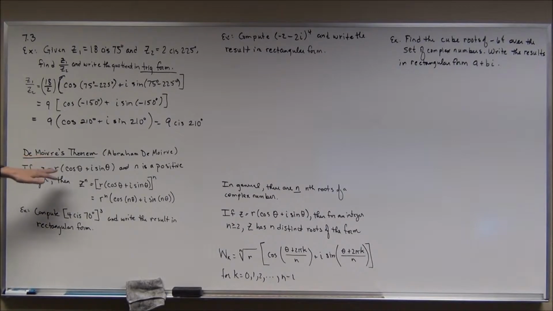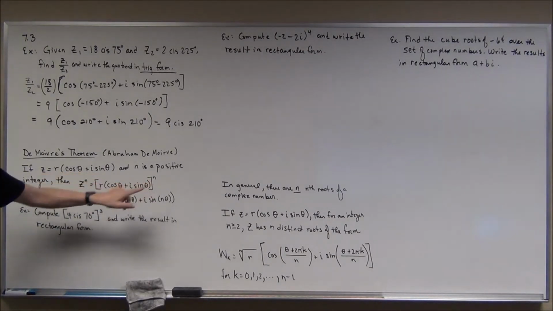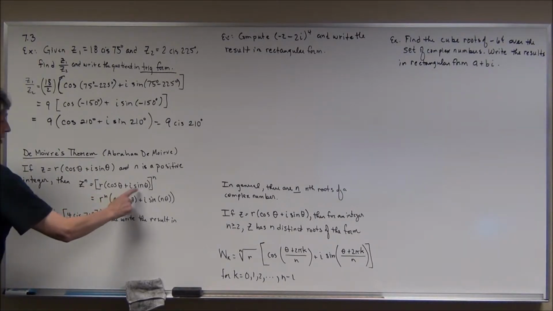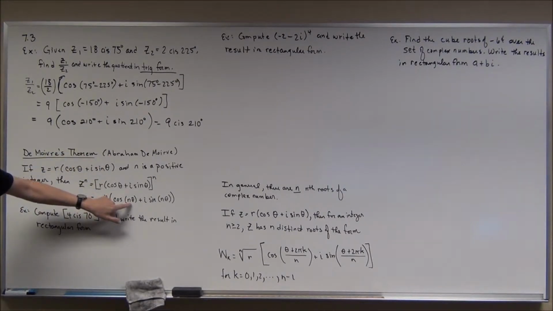He came up with De Moivre's theorem, which says if z is equal to r times the quantity cosine theta plus i sine theta, in polar form, it must be in polar form to use this, and n is a positive integer, then z to the n can be found by taking the modulus, raising it to the nth power, and taking the argument and multiplying by n. Because if you're multiplying the modulus times itself, it's to a power, and if you're adding the argument to itself, you're finding that multiple.